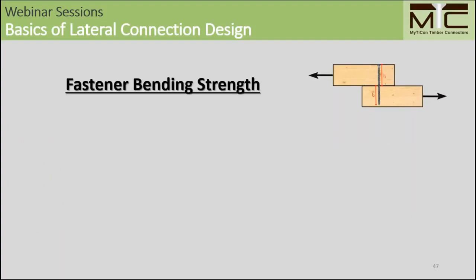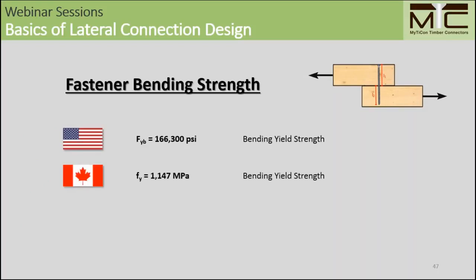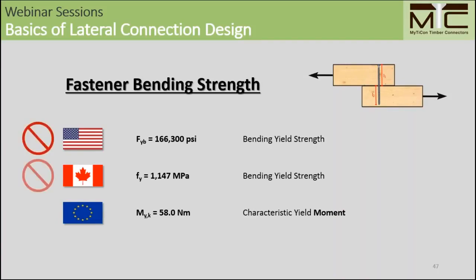A fastener specific property is the fastener bending strength, whereas in US and Canada, bending yield strength is used, which is a force over area value, so pounds per square inch in the NDS or Newton per square millimeter in the CSA O86. Europe applies a so-called characteristic yield moment, so a moment instead of a strength, and also again a characteristic value, so we cannot just interchange those fastener properties between the different standards.